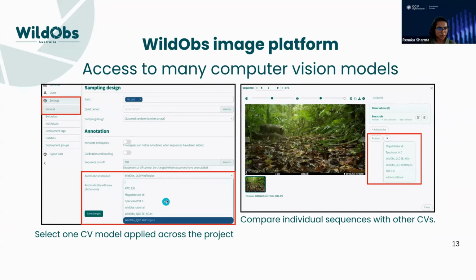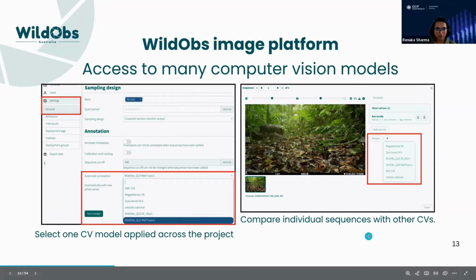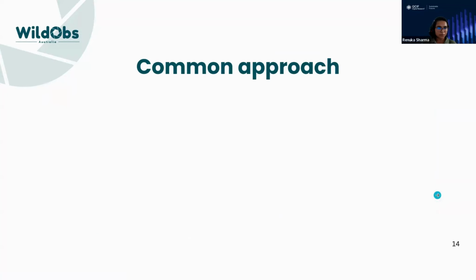So, including AWC 135, we have only the detector model as well, and different variations of local and global models. You can select this model at the project level stage or also at the observation level.